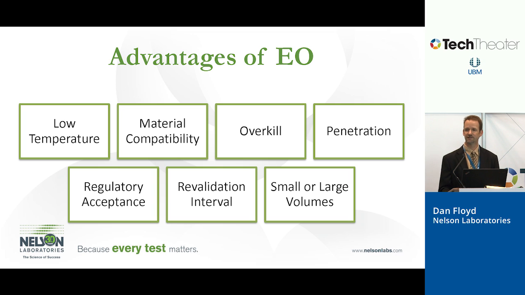Another advantage is it's considered an overkill process, which is, in a way, almost an advantage and a disadvantage. The advantage is that it gives you a lot of safety factor built into your process, so you're able to withstand larger fluctuations in your bioburden. If you look at a process like radiation, if you have a spike in your bioburden, your dose is set directly on exactly what your bioburden is.